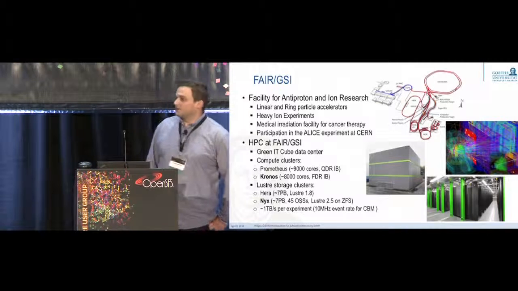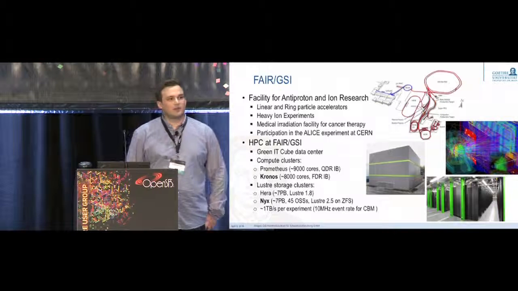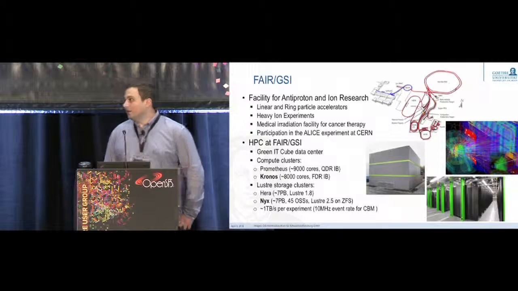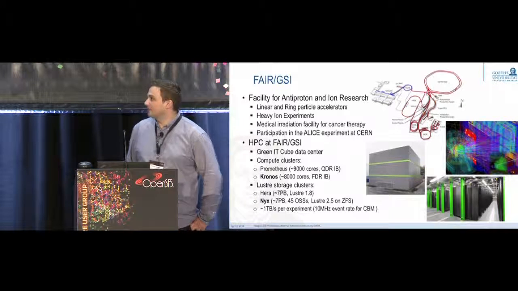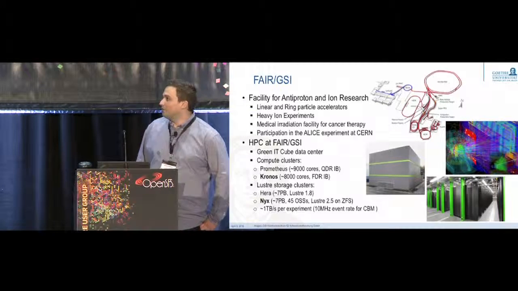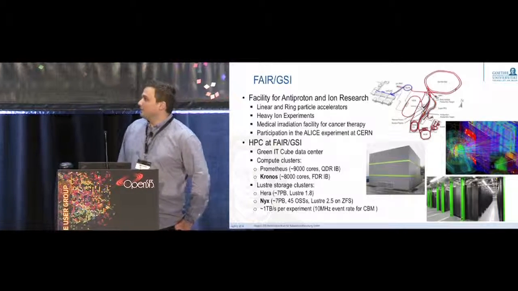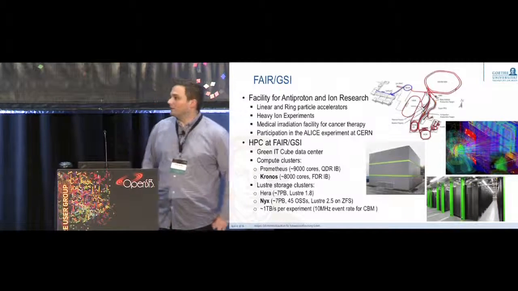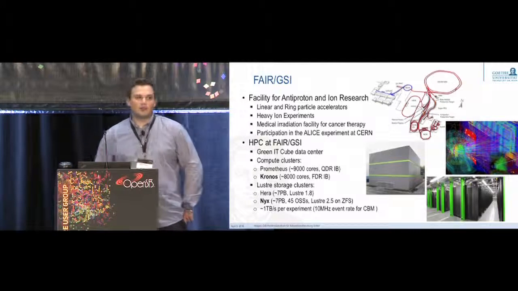And FAIR is an international collaboration that's currently being built at the grounds of GSI. On the first image, the red part signifies the FAIR experiment that's being built. That's a facility for antimatter and ion research.